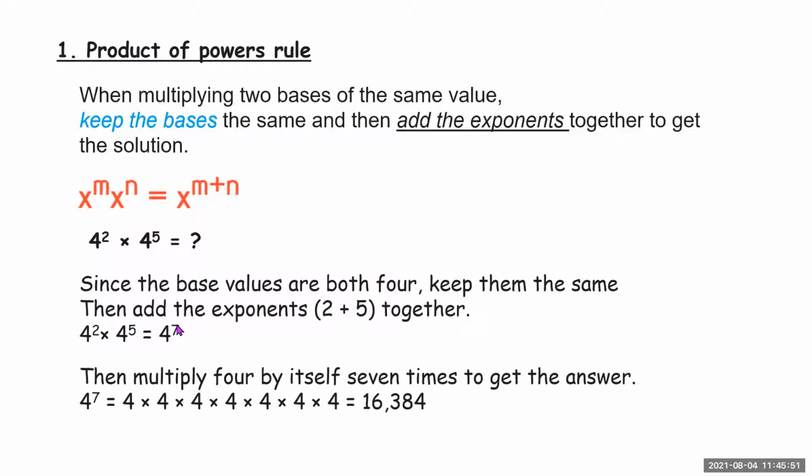You know how to write it: 4 times 4 times 4 times 4 times 4 times 4 times 4. If we count, this will be total 7 fours. So 4 power 7 is nothing but 16,384. This is how we use the product of powers rule.